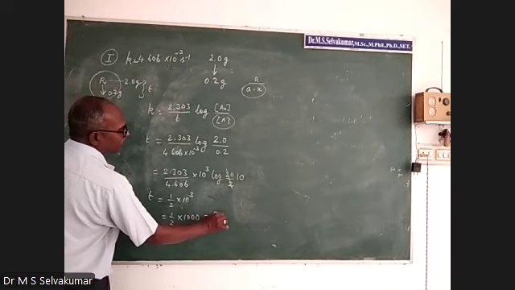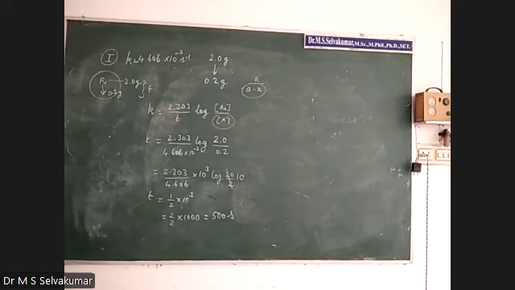So in 500 seconds, the 2 gram of reactant will become 0.2 gram of reactant. Clear?